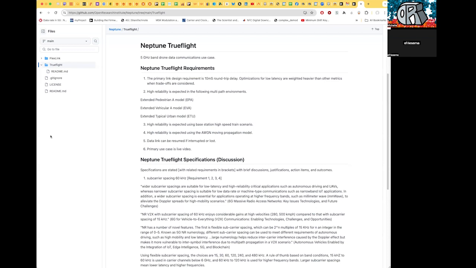So I would say communications can be resumed if interrupted or lost, and that the use of the words data link is a little presumptive. We don't want any implementation details, we don't want any bias in the requirements, or as little as possible. We're not going to get away with it being perfect, but okay, I like that a lot better.